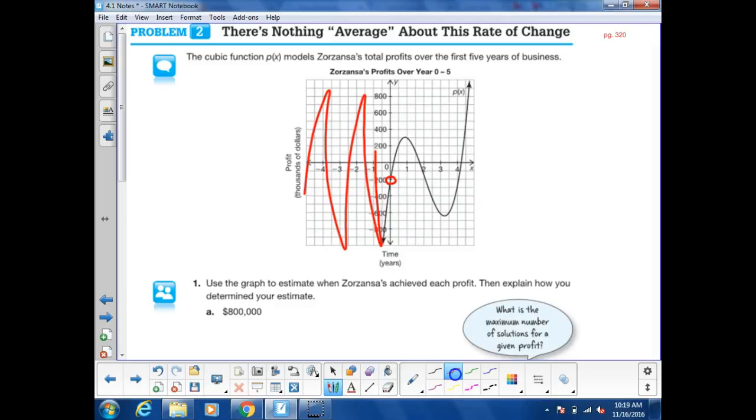Profit. So can Zorzanza's Pizza Hut... We can't use Pizza Hut. You got to come up with a good name. Pizza Shack. Well, Pizza Palace was from Toy Story, though. Pizza Hut, that's trademarked. We'll get in trouble. We'll be down here in profits because we're paying our legal fees.